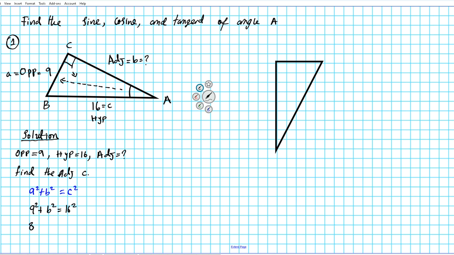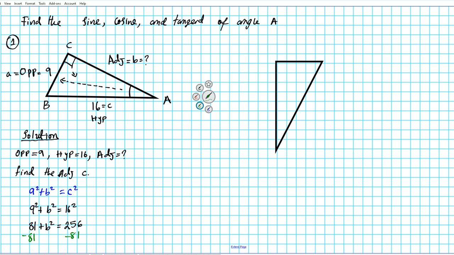Let's work this out. 9 squared is 81, 9 times 9 is 81, plus b squared equals 16 times 16, that's 256. Now what we're going to do is get b squared by itself, so we'll subtract 81 from both sides of the equation.